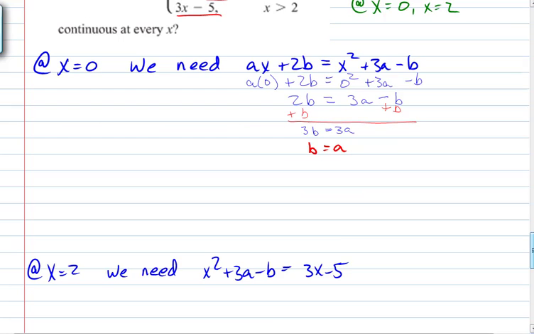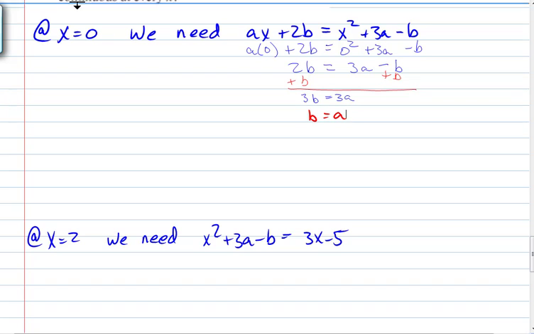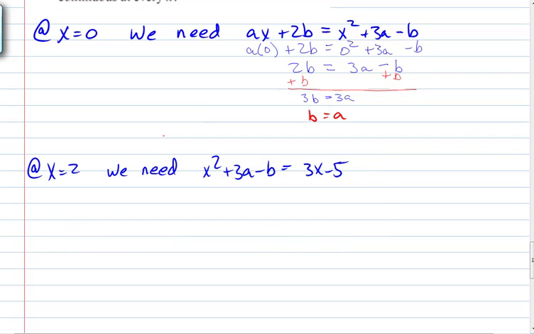So now we have to go down here to this problem and see if we can figure some things out. Since A is equal to B, I'm going to replace x with 2 first, and we end up with 2 squared plus 3A minus B equals 3 times 2 minus 5.